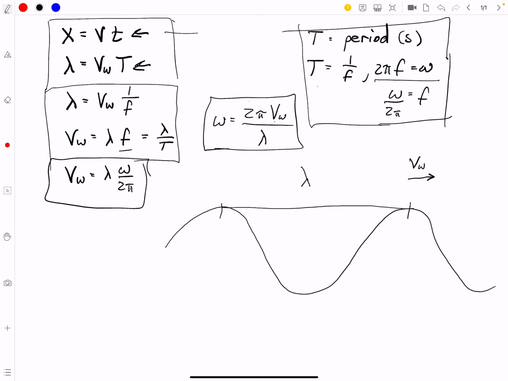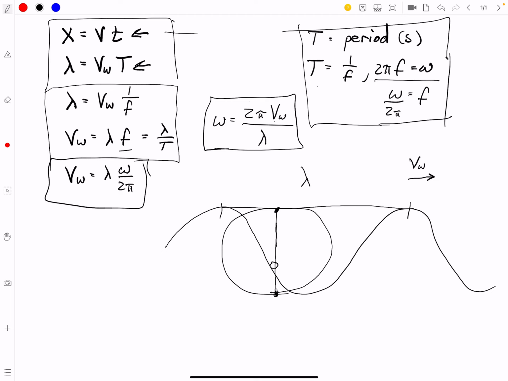Let's say we put a beach ball here. So there's a beach ball in the ocean, and it's bobbing up and down, and I don't remember which way it goes, but it bobs like this. But essentially, it goes from this point down here at the trough to the crest.